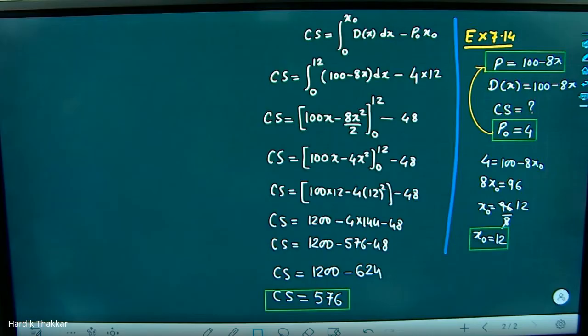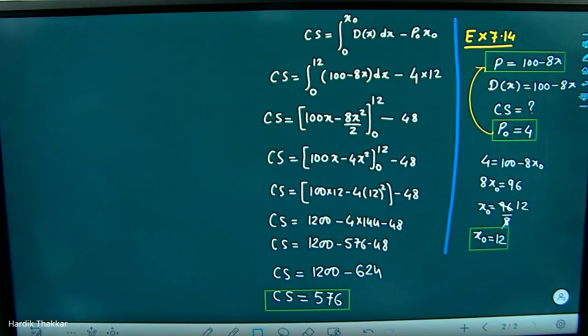It is in rupees actually. We can leave it like this only, because maybe this quantity may be in thousands. Okay, just write 576 units and leave it.